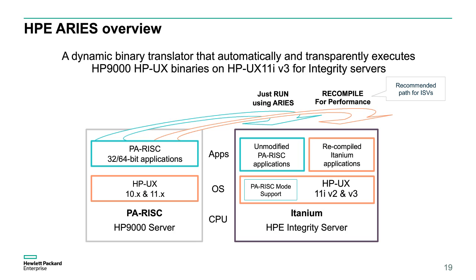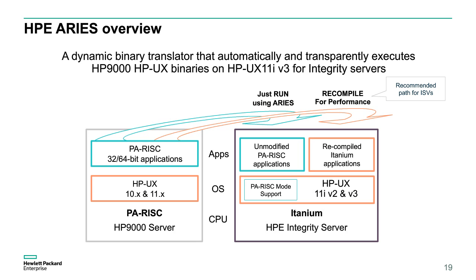That binary will get interpreted by ARIES and it will run on the Itanium 11iv3 system. You may have some problems with other related parts of the software, for example the shared libraries, but basically this will work 9 out of 10 times. Just take the application, move it onto the Itanium platform, and it will run.